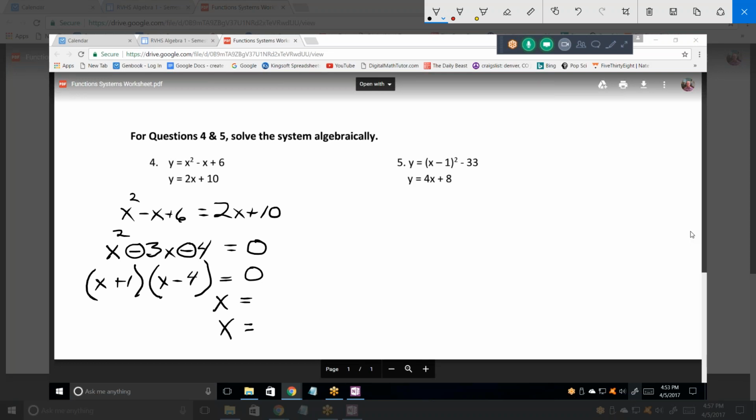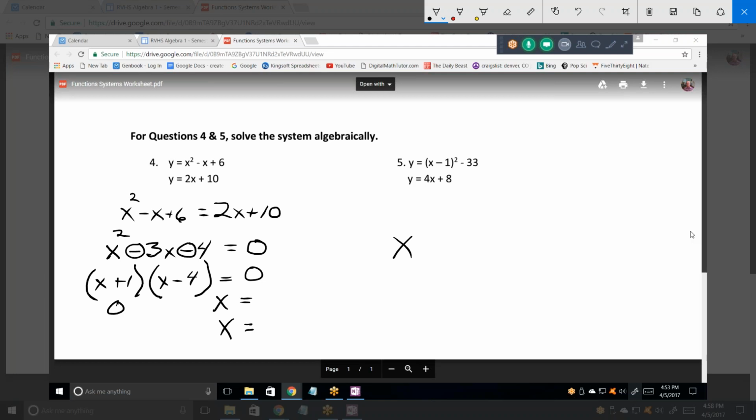Set that one equal to 0. What do you get? I know this. Why am I not getting this? Just having a moment. If you set that equal to 0, this is what you want to do.